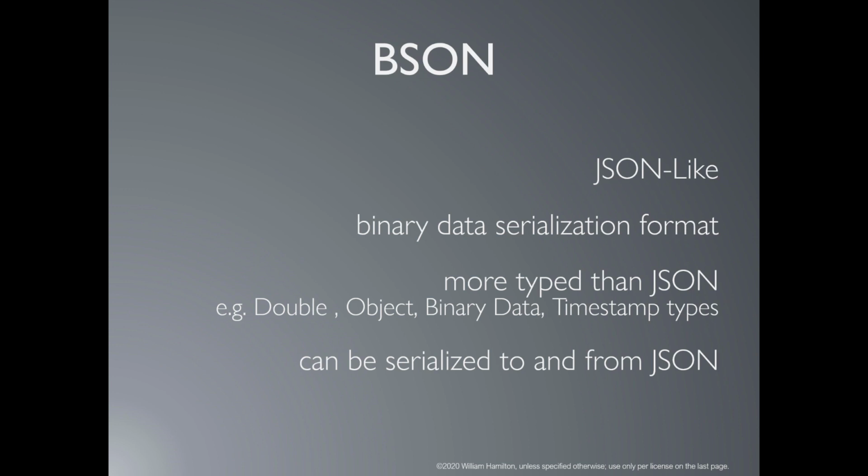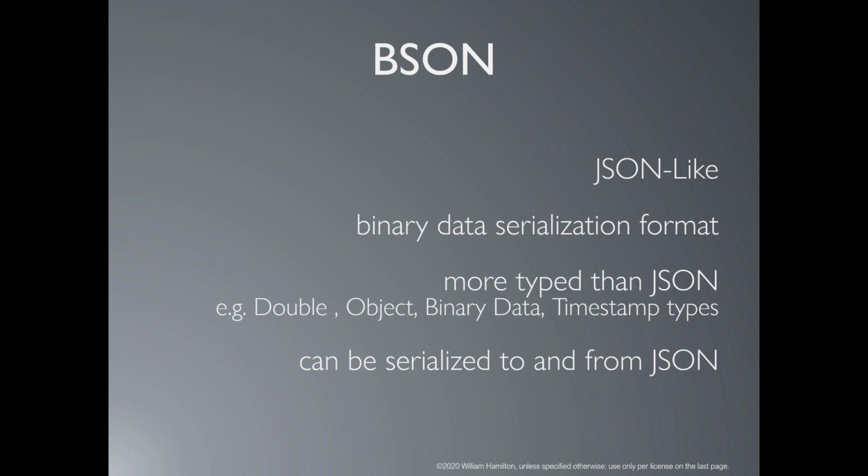So yeah, the data that is actually being stored in what's called BSON, which I believe stands for like binary structure object notation or something like that. It's a binary data serialization that is very similar to JavaScript in structure. It is a little bit more typed than JSON is.